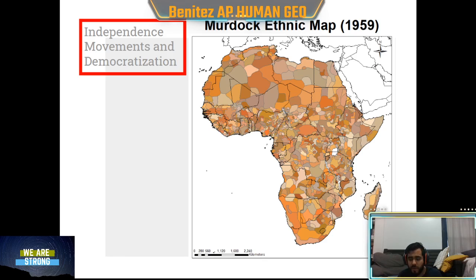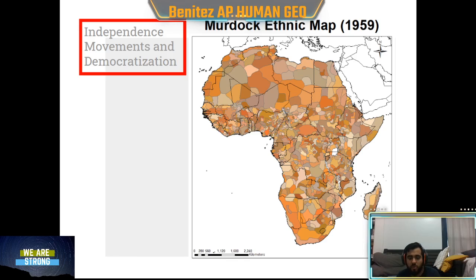Just like, for example, when I say South America, we have so many types of South Americans. We have people from Central America, we have Mexico, we have people from Ecuador, Bolivia, Chile, Argentina, Brazil. Even though they're all located in the Americas, they all are very different. So this map just shows you how diverse Africa really is.